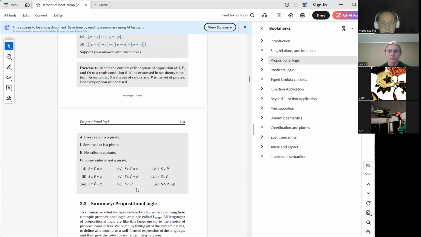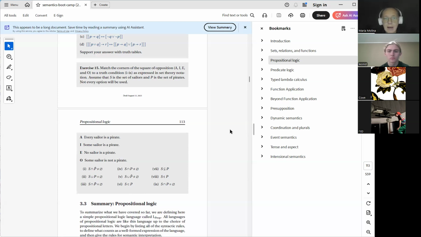S is a subset of P, but can all of the sailors be pirates? Is it possible? That is stated in A, no?